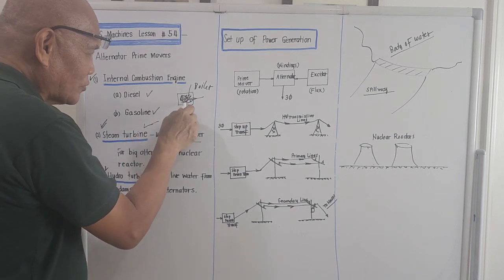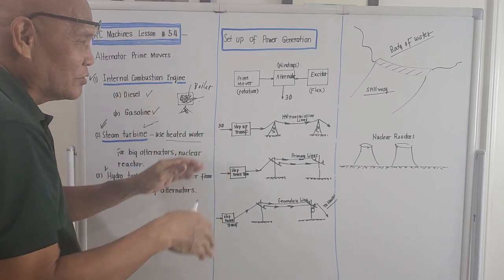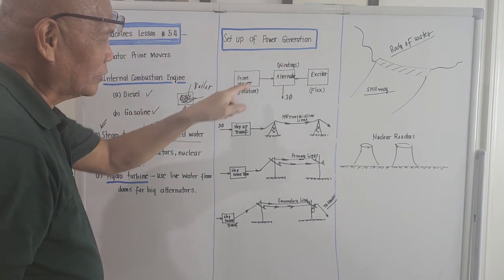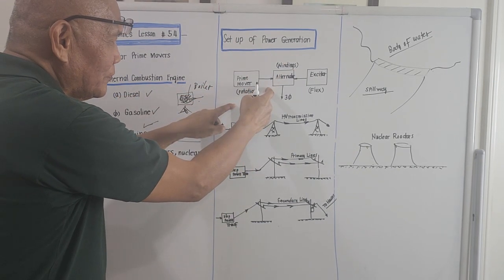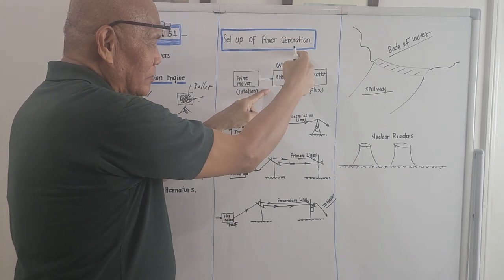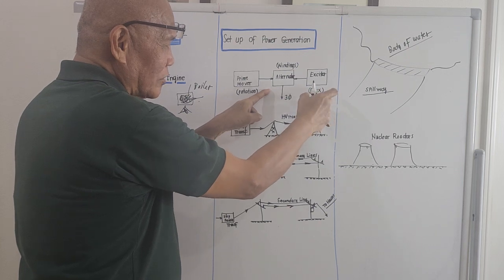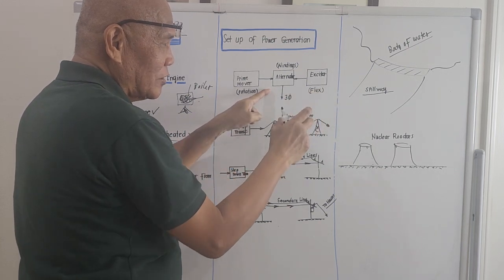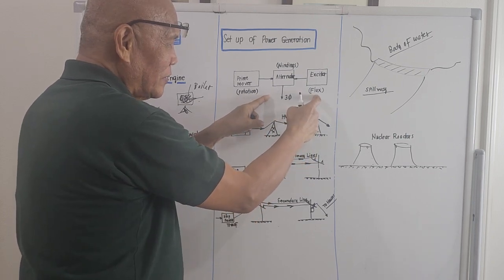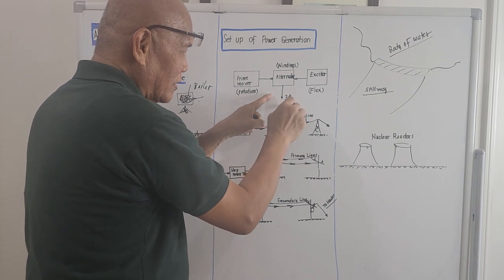The exhaust of this is fed to the turbine, so when the turbine rotates, and since the turbine is directly coupled to the alternator, the alternator rotates. There is winding on the alternator, and the exciter provides flux. So there are now the requirements for power generation: flux, winding, and movement, so we will produce an alternating current here.